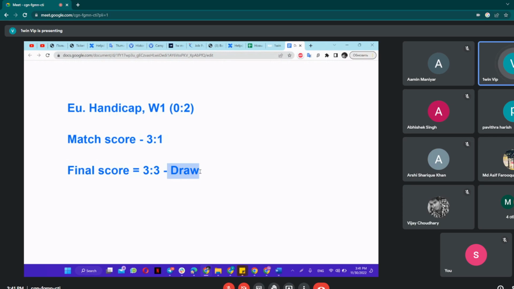The final score is a draw, but we bet that the first team will win. It means our prediction was incorrect because we have a different result, including our condition 0-2. The final score for our bet becomes 3-3, which is a draw.